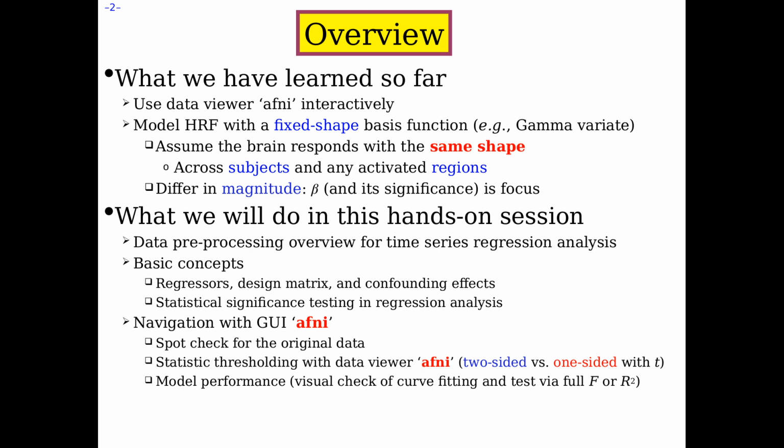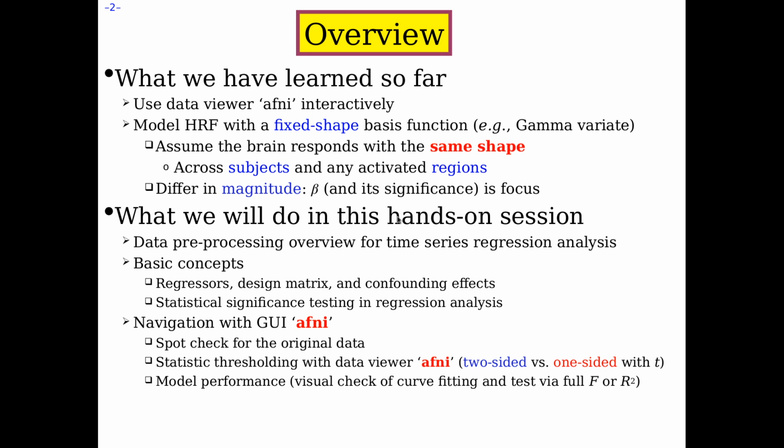But for this particular class, we will stick with the fixed shape basis function, which means we assume that the brain responds with the same shape to every stimulus, regardless of the location in the brain, regardless of whether it's the third stimulus or the 17th one, regardless of the subject.